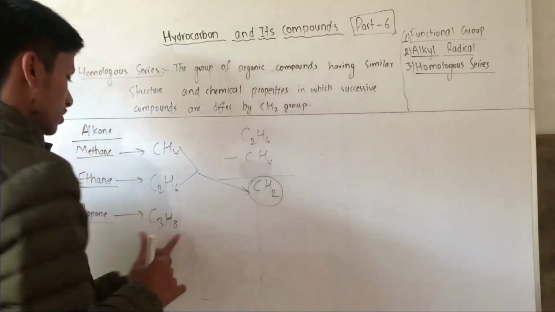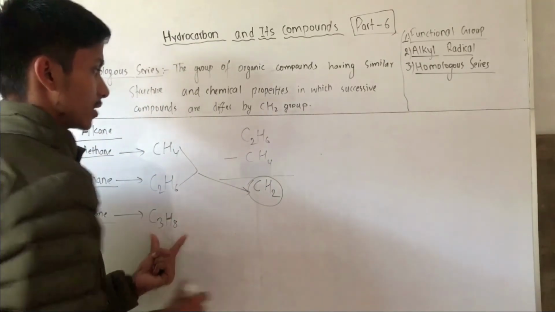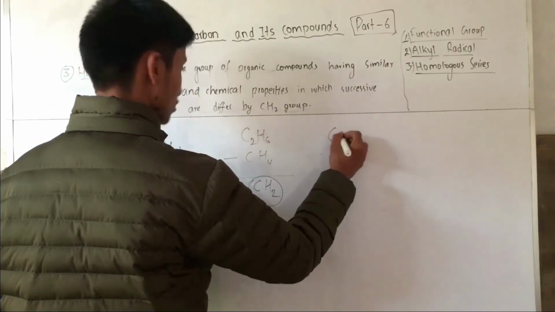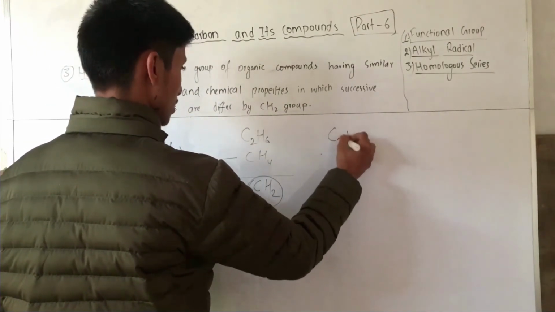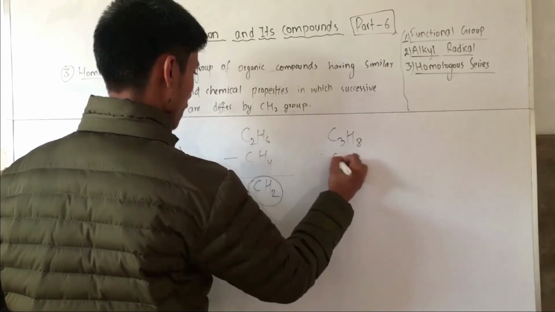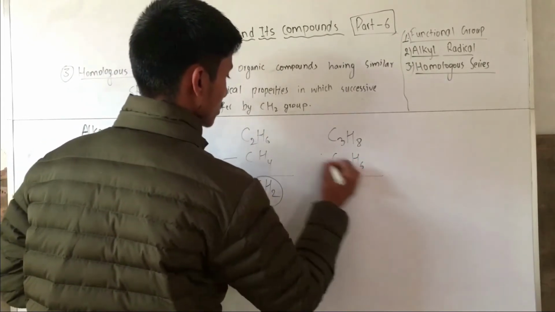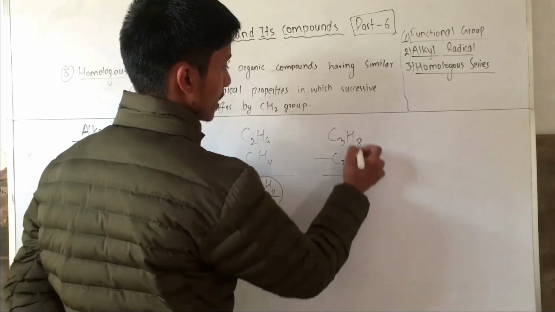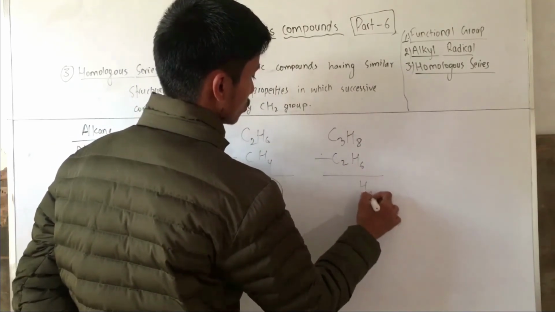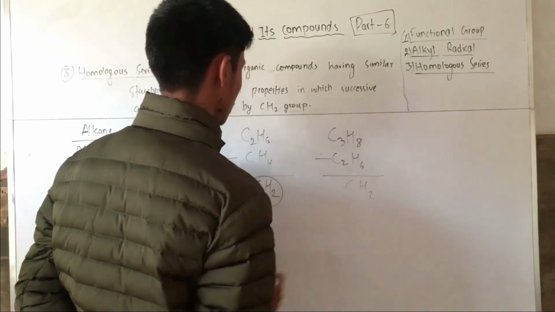Let's subtract C3H8 minus C2H6. Here we get H2, here we get CH.